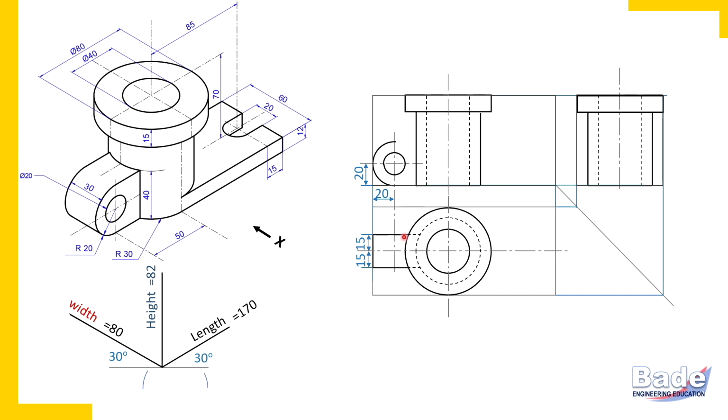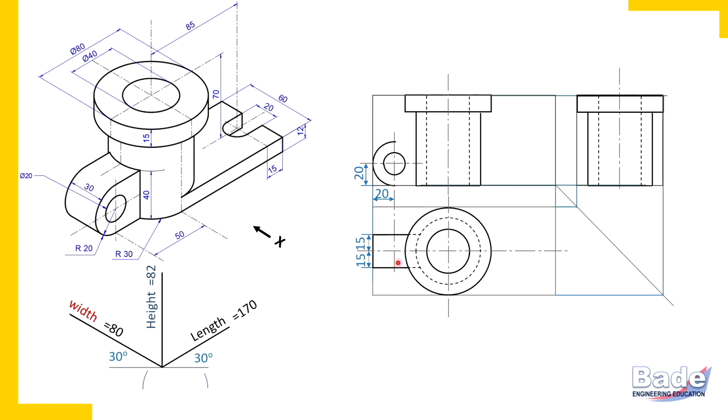Also note here, these two parallel edges which are 30 millimeters apart, I have drawn, are actually this edge and this edge. Both these edges are parallel to the length axis, and length is horizontal in the top view. What I am showing you here, watch, these two edges under the disc are hidden.